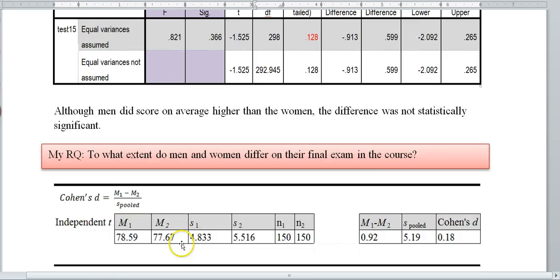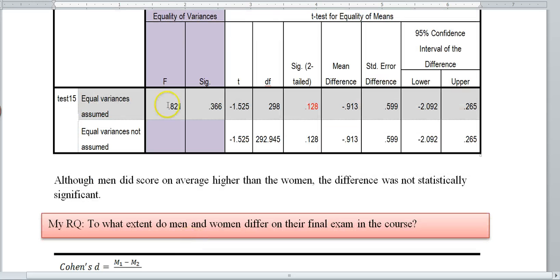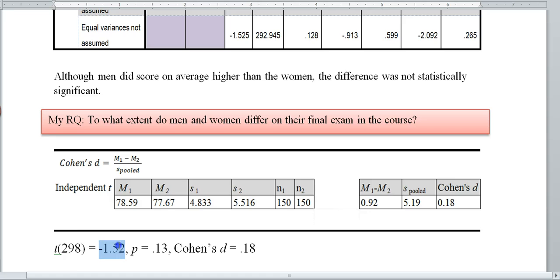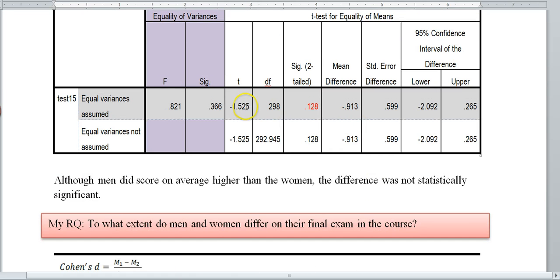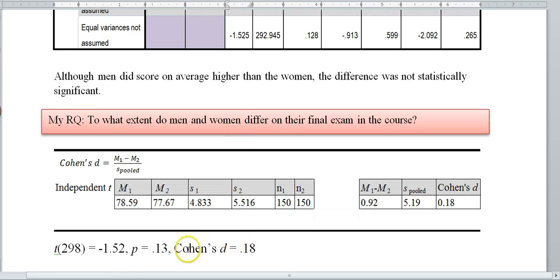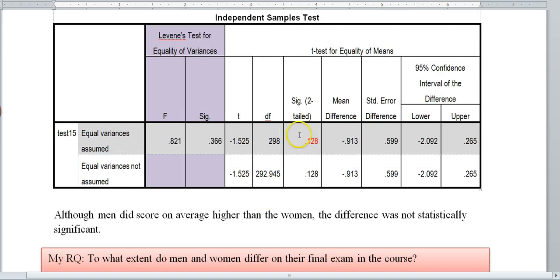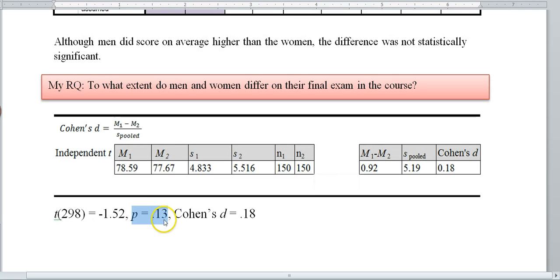So here we have 298 for our degrees of freedom because we are in this top row, and the negative 1.52, which is the value for the t, is negative because it indicates that the women are lower than the men, but the p-value indicates that this value is not statistically significant because it is greater than 0.05, and then the extent of that difference in standardized units is 0.18.